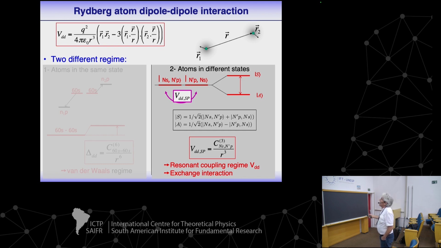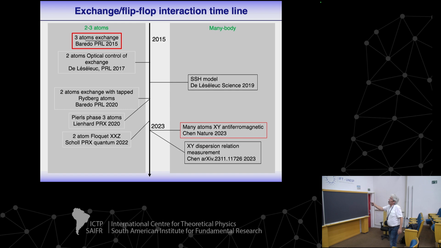So this is always a resonant interaction, and if you prepare one of the states, it's not a steady state of the system, and the evolution will be the so-called flip-flop evolution, where the energy stored in one of the atoms will be transferred to the other atom and back as a function of time. Then I have a little bit more local diagram of what happened as a function of time, focusing on the use of this flip-flop Hamiltonian.